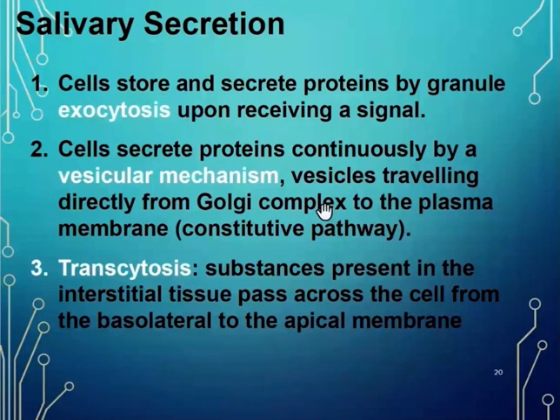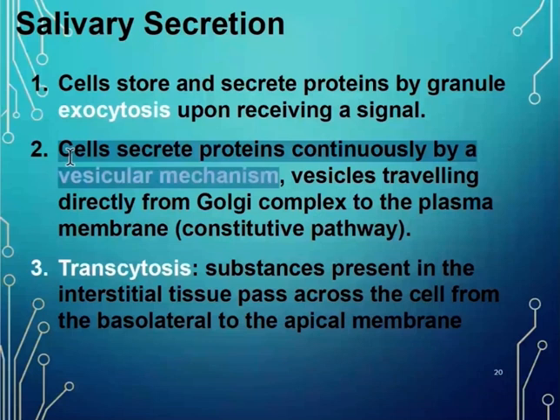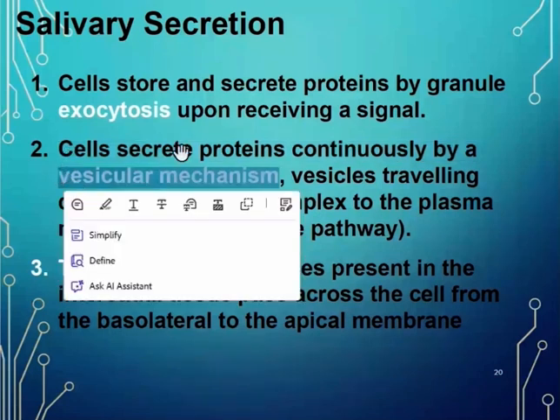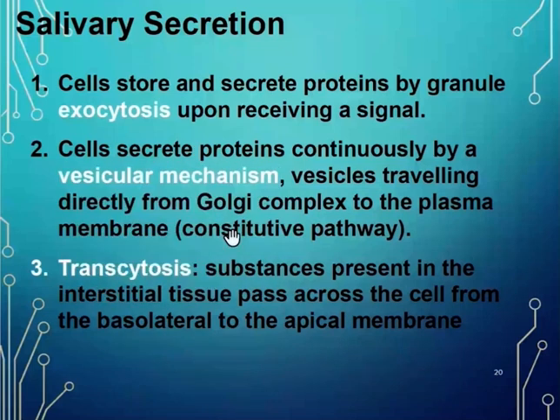The vesicular mechanism is continuous from the Golgi to the plasma membrane, while the constitutive pathway is from the cell to the interstitial tissue.